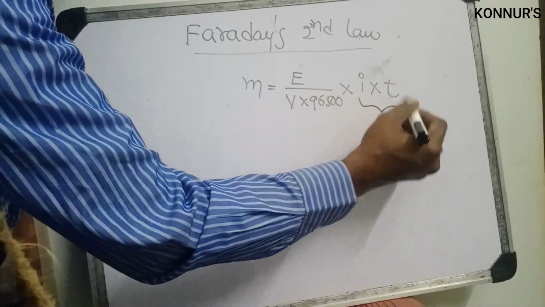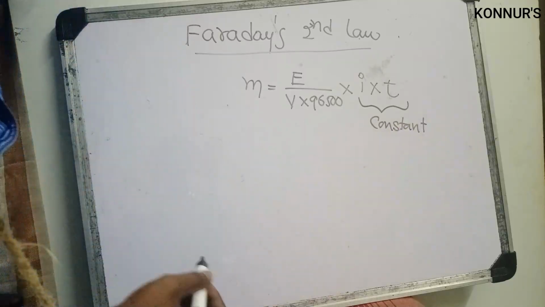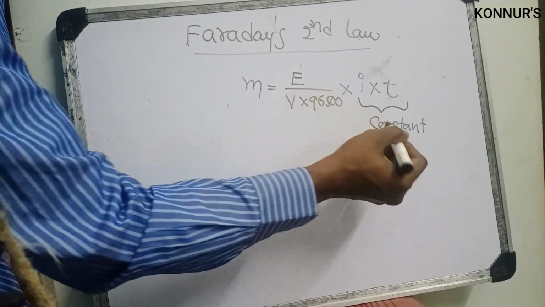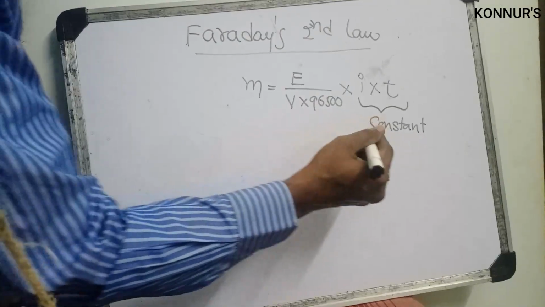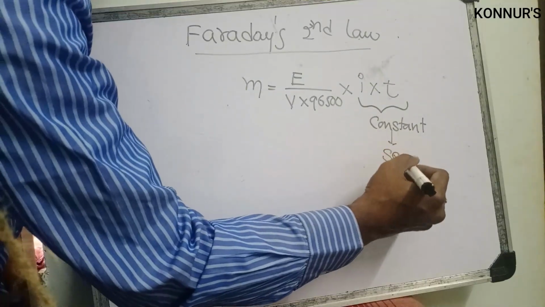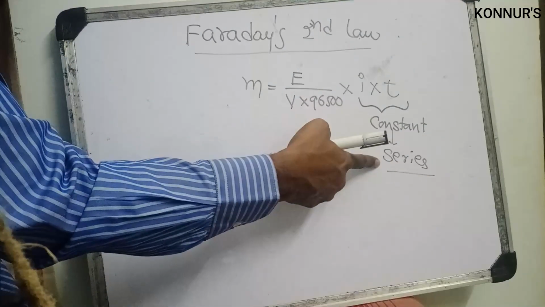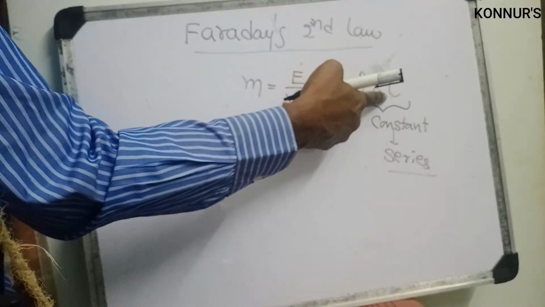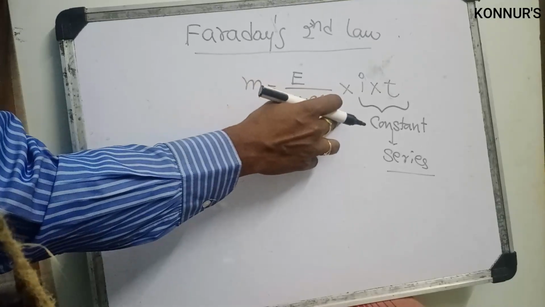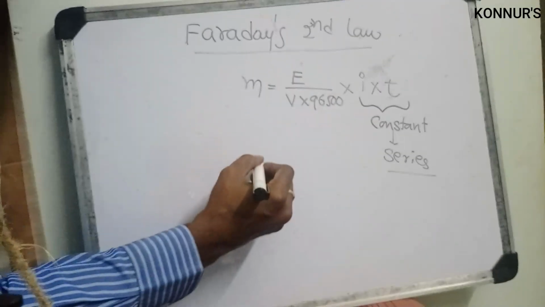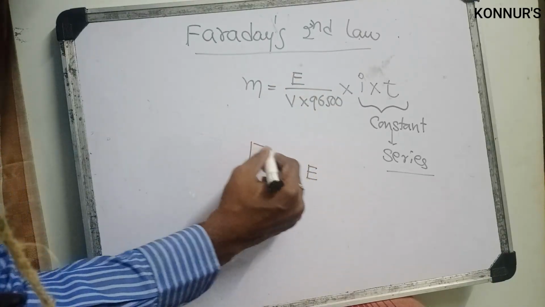How is the current constant? According to physics also, how will the current be constant? If you take different electrolytic cells connected in series manner, this current will be constant. Valency for every metal is constant. This is also constant. So that means M is directly proportional to equivalent molecular weight.